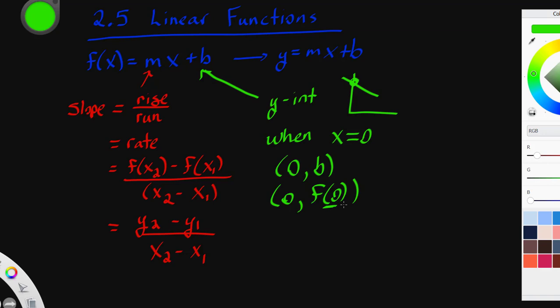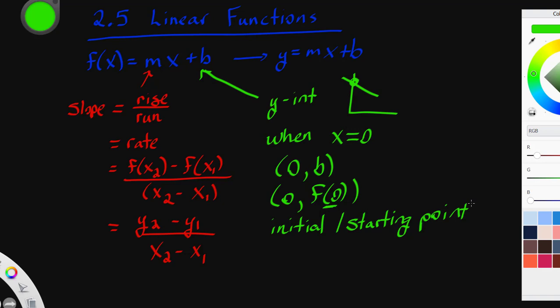One more thing we can consider the y-intercept is our initial or starting point, since it happens when we start at 0.